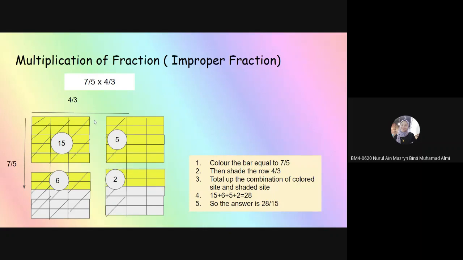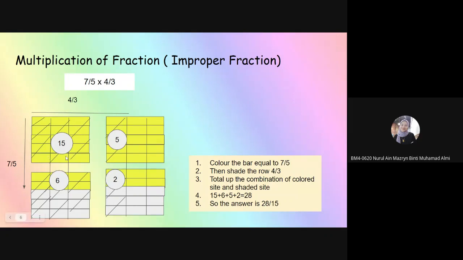After that, because it's multiplied by 4/3, right? So we need to divide this bar into 3 sections, 1, 2, 3. But we need 4/3, right? So we need to clone this table beside that.